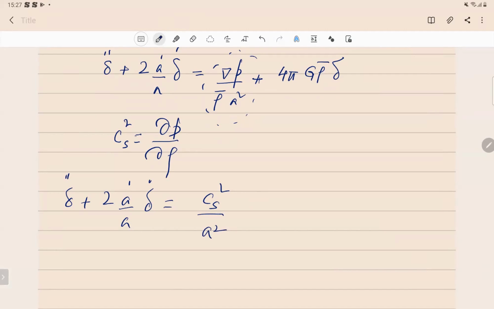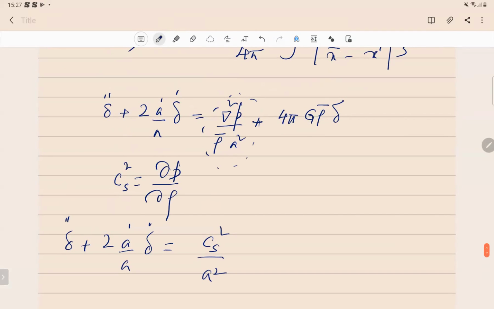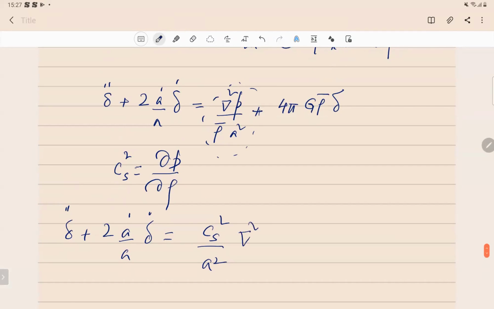del squared delta plus 4 pi G rho bar delta.